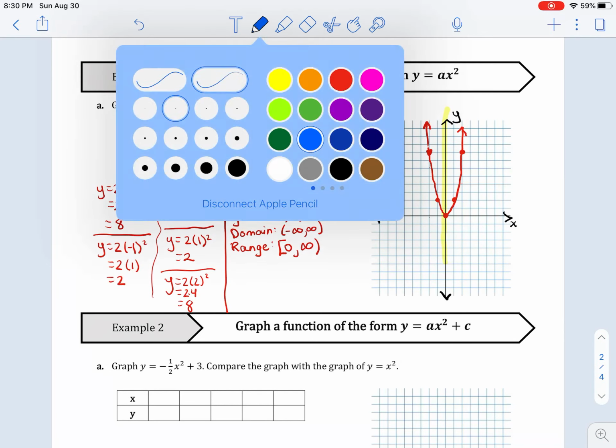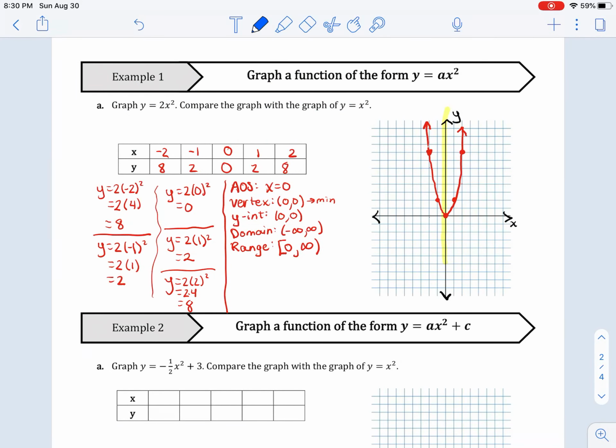So this looks a lot like our parent function, but if we graph our parent function, I'm going to do that in blue. Remember, the parent function was at 0, 0. It was at 1, 1 and negative 1, 1. And then it was at 2, 4 and negative 2, 4. So maybe you can see here, but it looks like it's stretched, right?